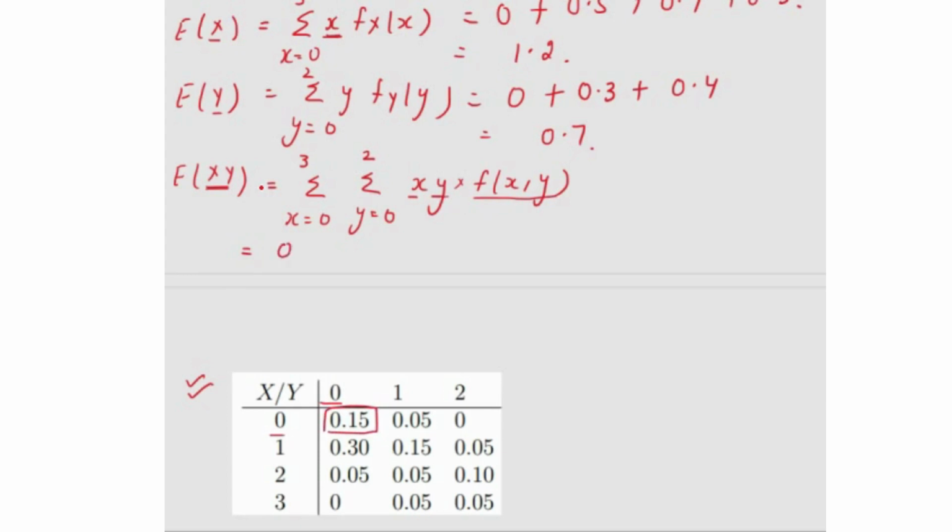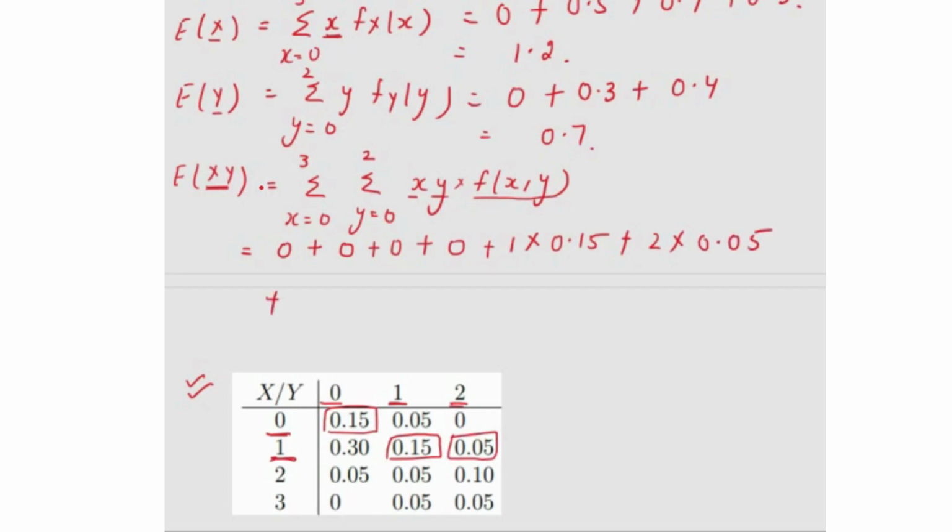Next is 0 multiplied by 1, which is 0, then 0 multiplied by 2, which is again 0, plus 1 multiplied by 0, this is 0, 1 multiplied by 1 is 1 and the corresponding joint probability mass function is 0.15. Plus 1 multiplied by 2, this is 2 and the corresponding joint probability mass function is 0.05.